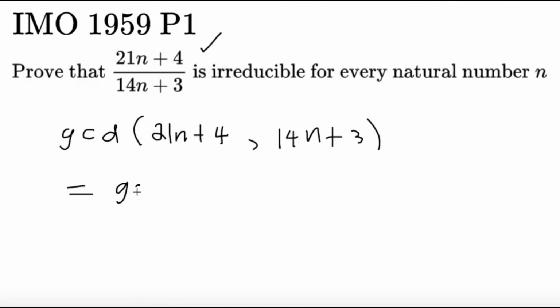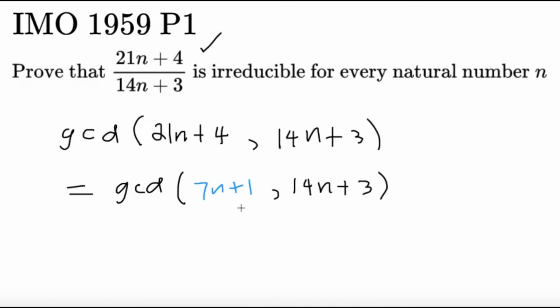So we can know that the GCD of 21n plus 4 and 14n plus 3, I can use the Euclidean algorithm. I can subtract 14n plus 3 from the bigger number, 21n plus 4. So let's get 21n plus 4 minus 14n plus 3, and this will give me 7n plus 1. And the next step, I know that I can subtract 7n plus 1 a number of times from 14n plus 3.